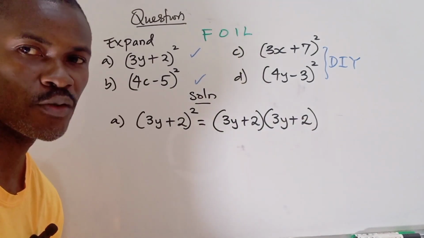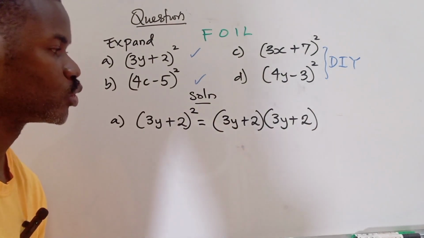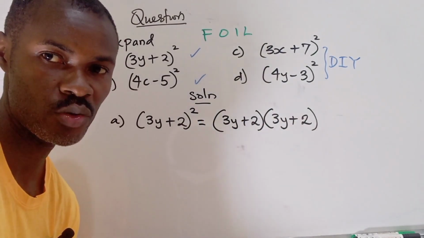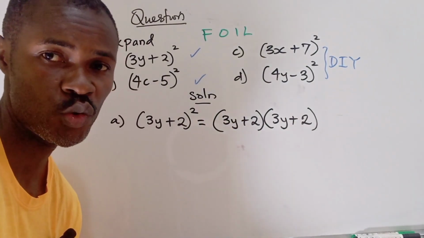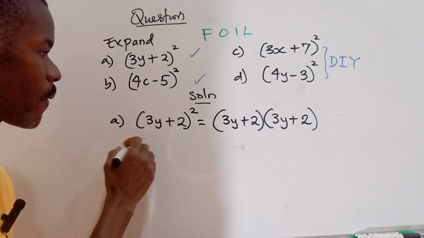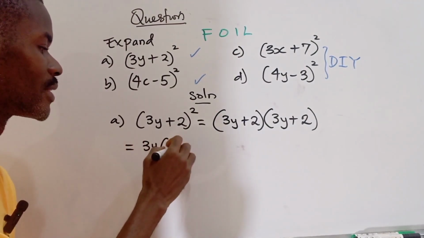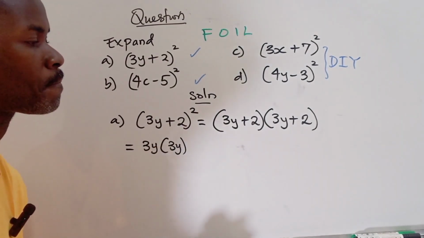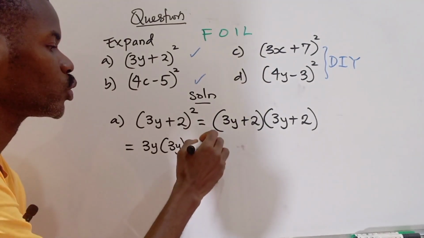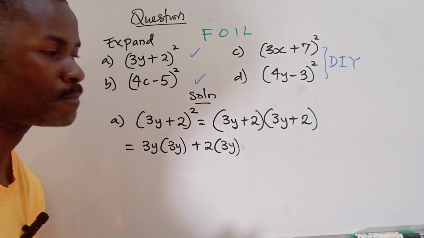Now, unlike the previous video, I would not want to put our F, O, I and L, but I want to do it directly without making the work look rough. So let's go. Step 1: 3y multiplied by 3y. Step 2: plus 2 multiplied by 3y.